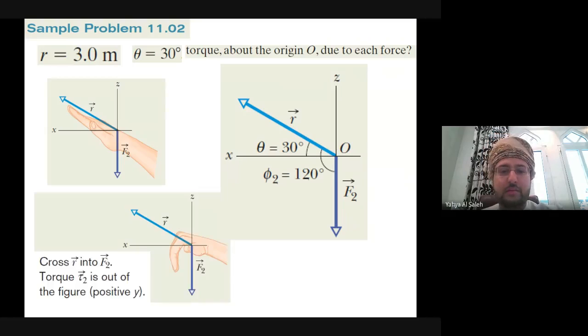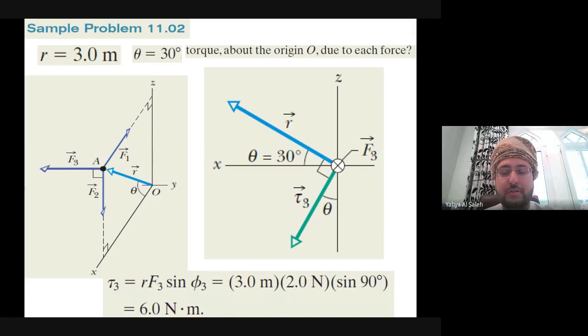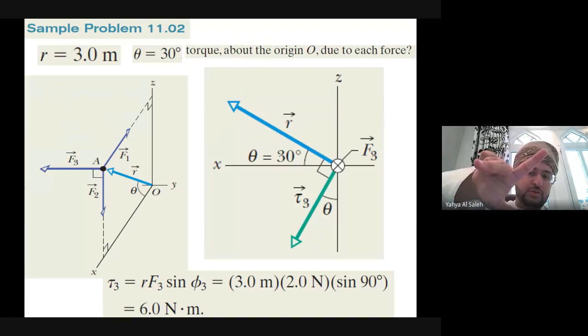And finally, F3, which is the weirdest one. Again, the numbers are easy to put in. Direction, R. But now my F is actually inside.